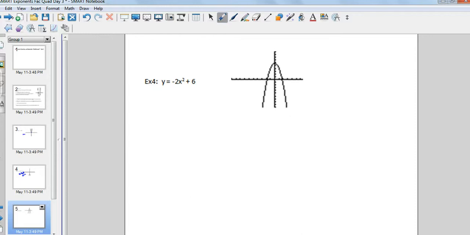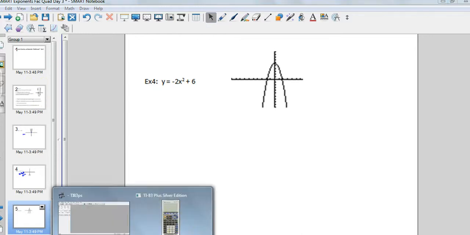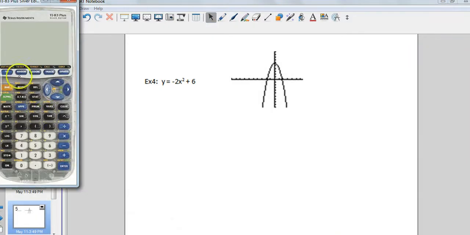Okay, this next example, negative 2x squared plus 6. We can go ahead and do this on our calculator. So let's go ahead and pull that up. Go to y equals and type in negative 2x squared plus 6.